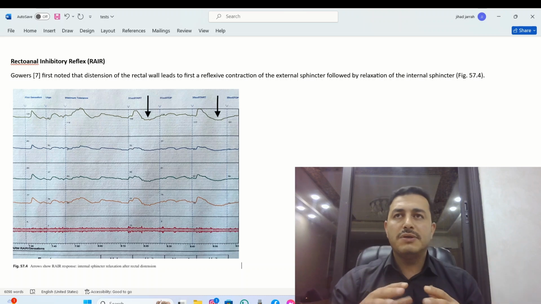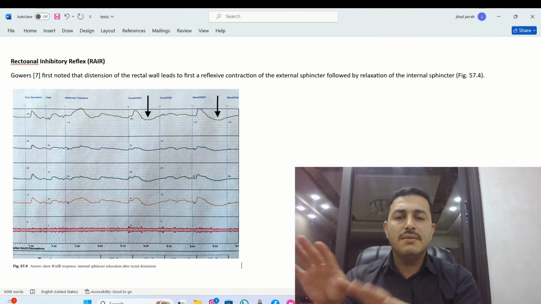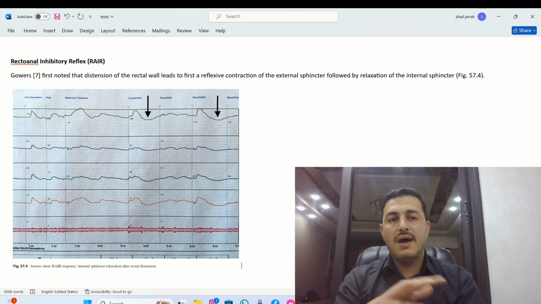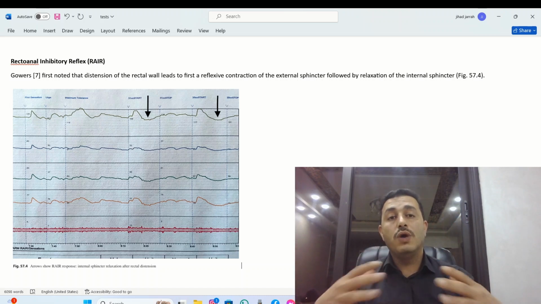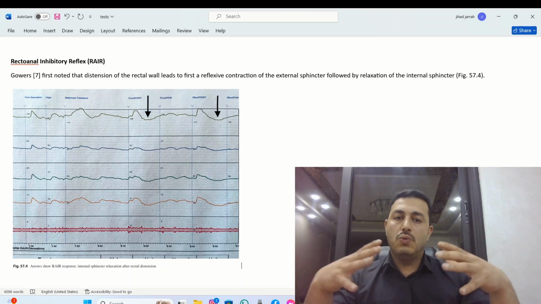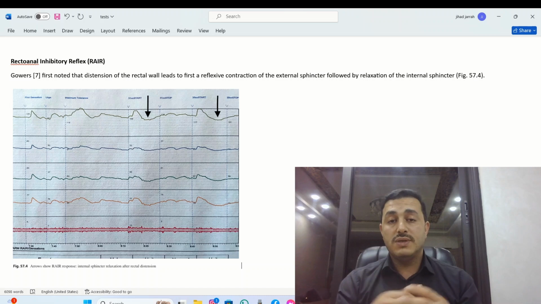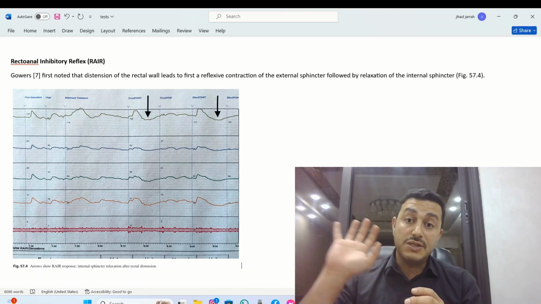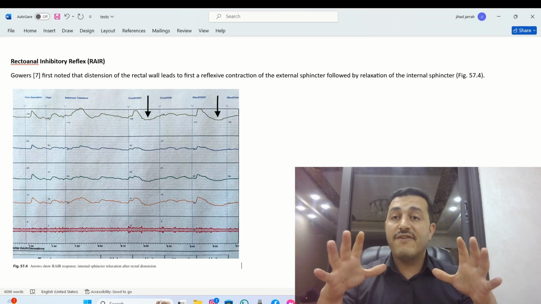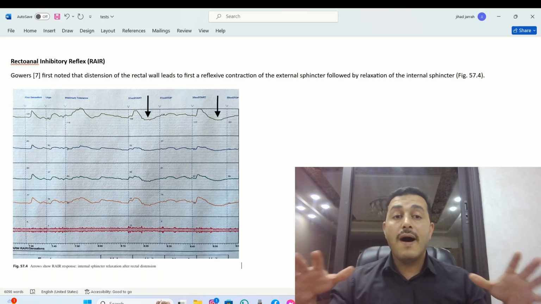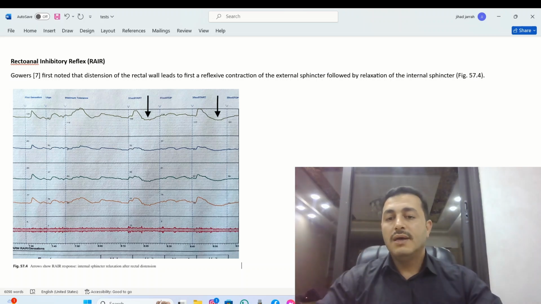Actually, the rectoanal inhibitory reflex occurs every 10 minutes or so, and the rectum will accommodate and distend more and more. And you have to be aware of the desire. If there is desire, please go, because the rectum has the capability to distend up to megacolon.